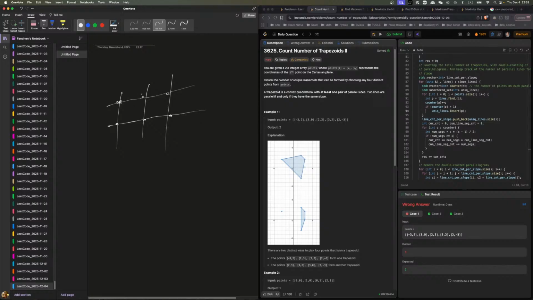Well, the parallelogram is the same as trapezoids, right? So we just do the exact same thing, but just do it on one side. Right, so on this we have 1, 2, 3.